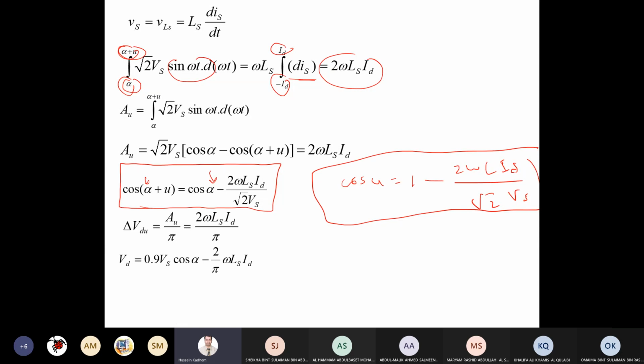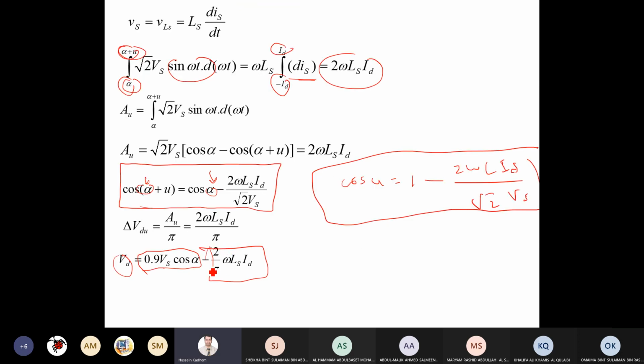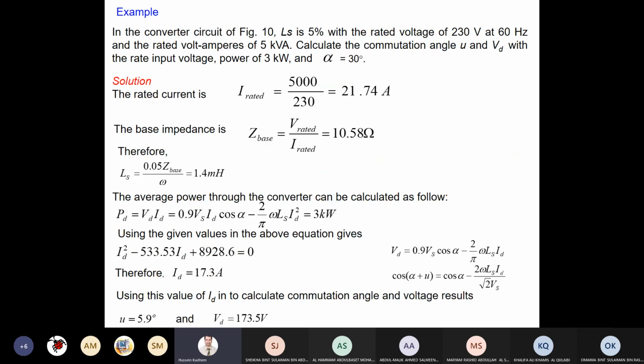You got it? The same previous equation we derived for the diode. The only difference here is that we have alpha, because this is a thyristor, not a diode. And now Vd is not 0.9 Vs, that is the ideal for the thyristor. No, it's minus the part we lose, the shaded part in the previous figure. We lose it, so I need to subtract it from the total voltage.